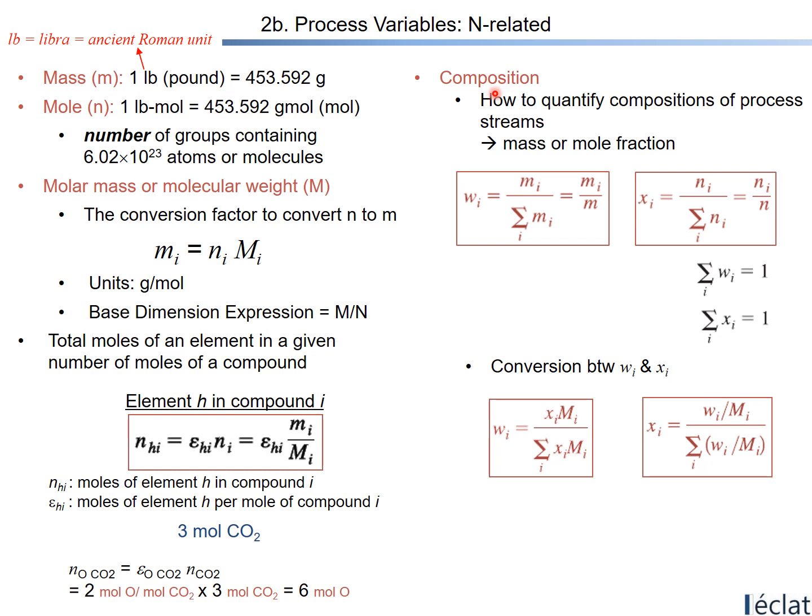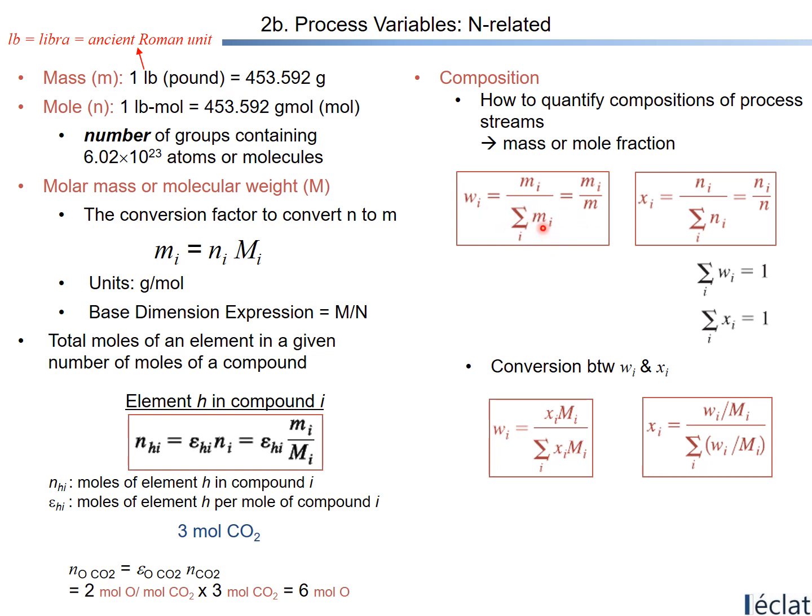Composition is described sometimes by mass fraction or sometimes by mole fraction. Here's the definition of mass fraction and mole fraction. Mass fraction of species i is equal to mass of species i per the summation of the masses of all species.